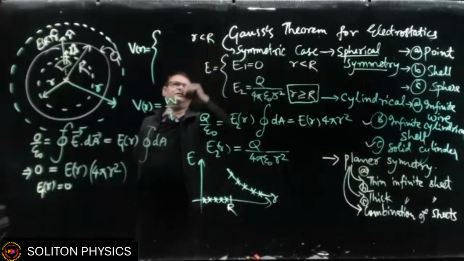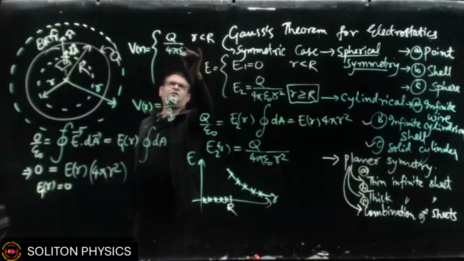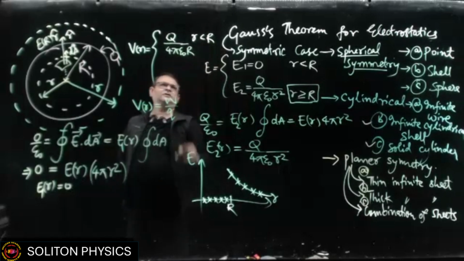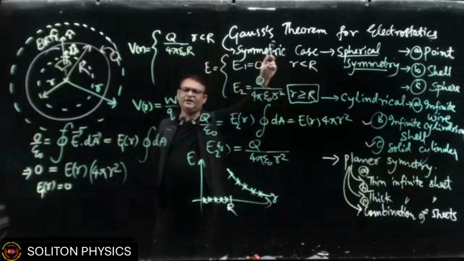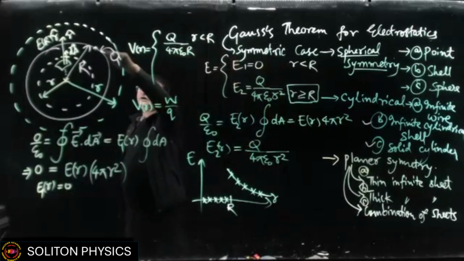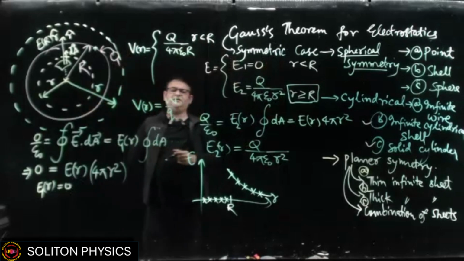And now you can see, for r less than R, this will be Q by 4 pi epsilon naught R, because you really have to do work bringing from infinity to this location R, but not inside.